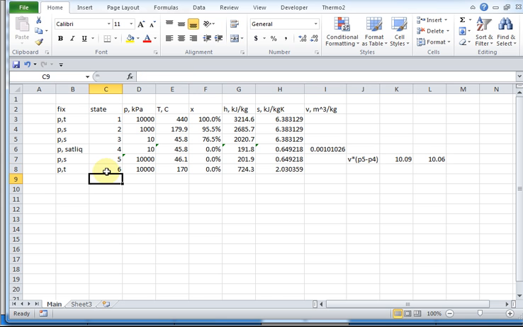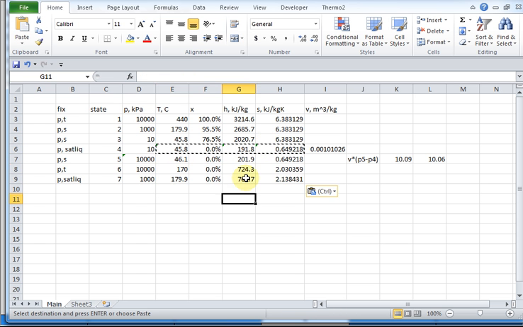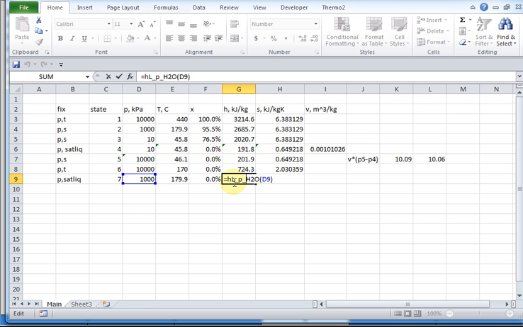What about state 7? What was state 7? Was that the saturated liquid coming out the bottom of our closed feedwater heater? So it's pressure and saturated liquid. True? Okay, so the pressure was 1,000 and it's saturated liquid. Well, you could probably grab these right here, bring those down, and that'll fill it. The information we really look for is that enthalpy, and so there's that enthalpy.